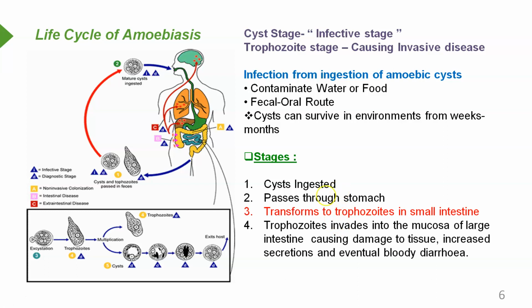Now the trophozoites invade into the mucosa of large intestine, causing damage to tissues, increased secretions, and eventually there is bloody diarrhea.